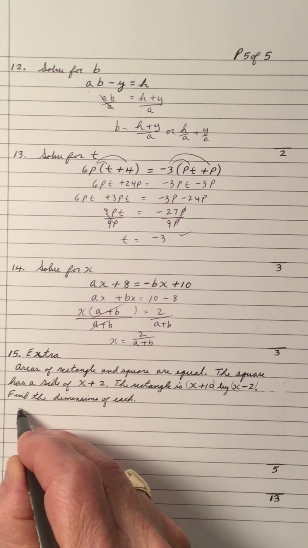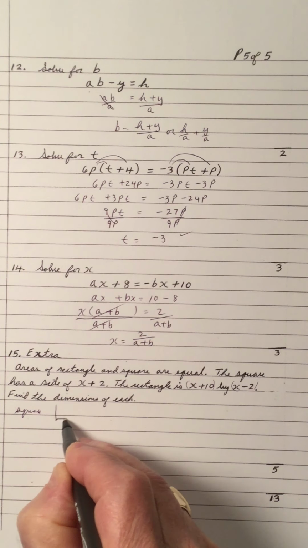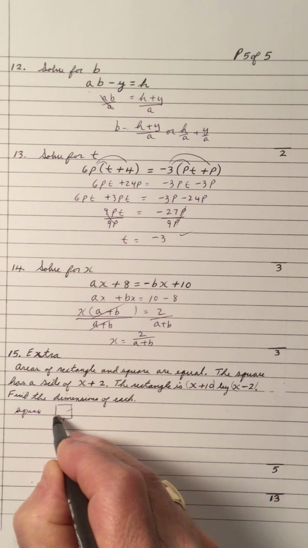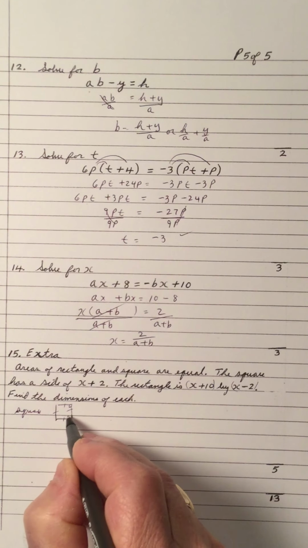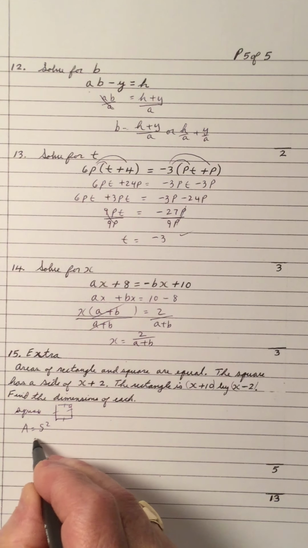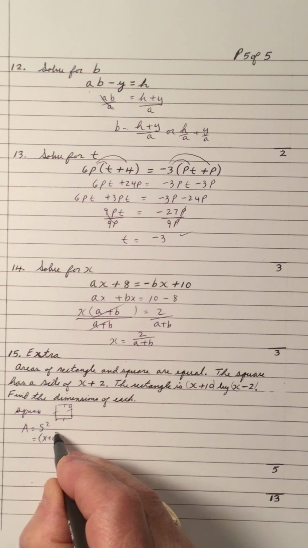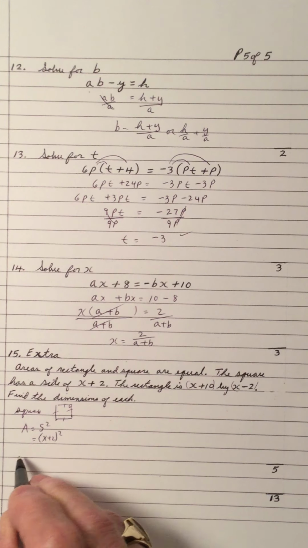So we have a square. And a square is like this. And a square has all sides equal. So the area of the square is s squared. So the side of the square is x plus 2. Okay.